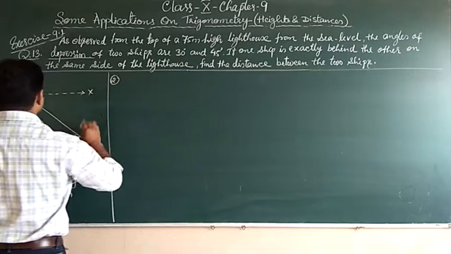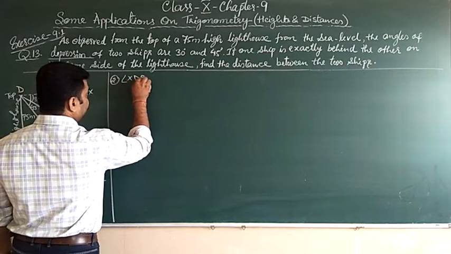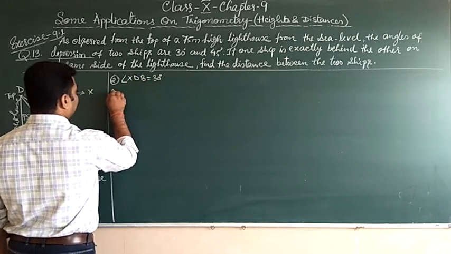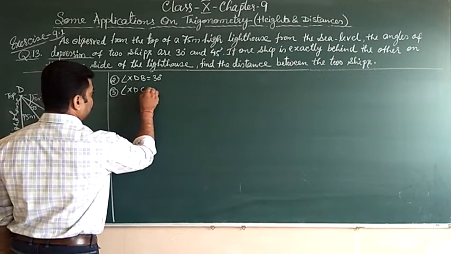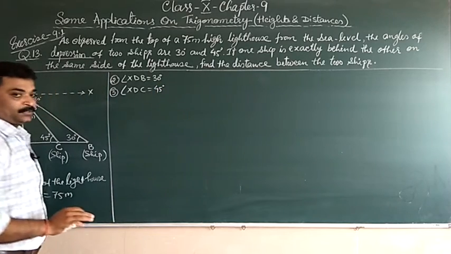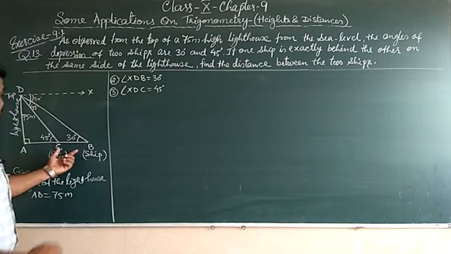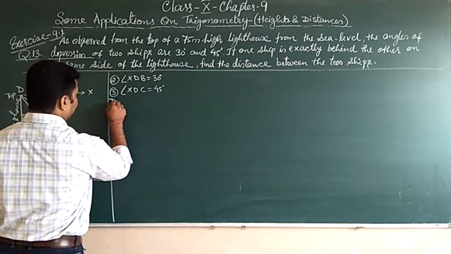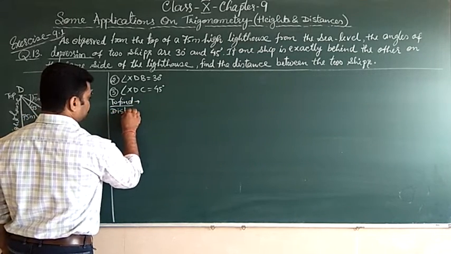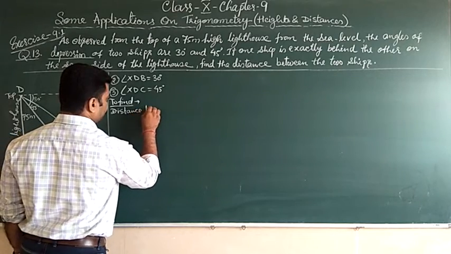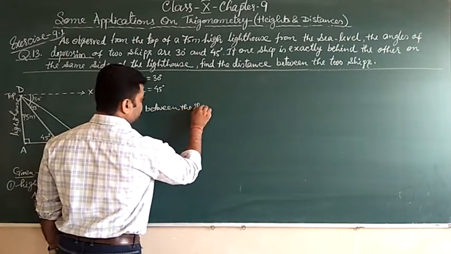Second thing, angle XDB is equal to 30 degree, and third, angle XDC is equal to 45 degree. These three things are given. To find the distance between the ships.